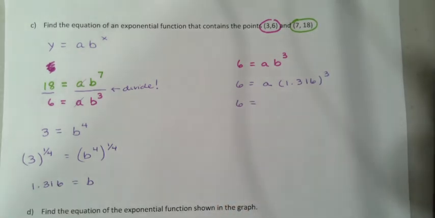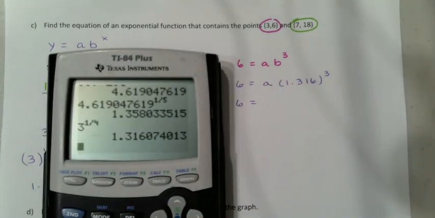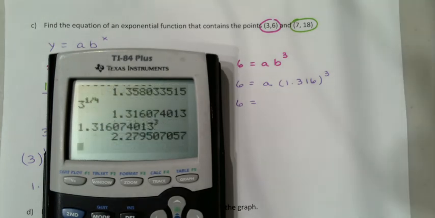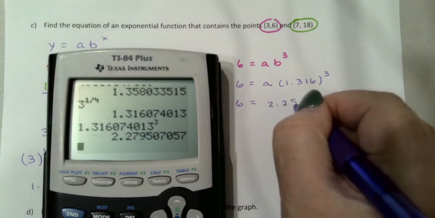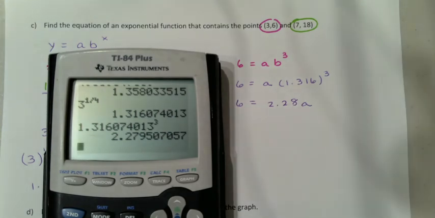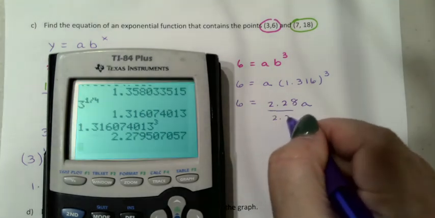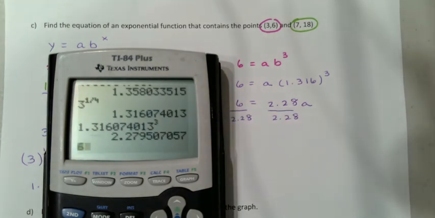All right, let's do the 1.316 to the third power. But I'm not really going to just do 1.316. I'm going to use that entire decimal value raised to the third power. And it's about 2.28. And that will be multiplied by a. To calculate a, then, I just have to divide by the 2.28. So I'll take 6 divided by that whole number.